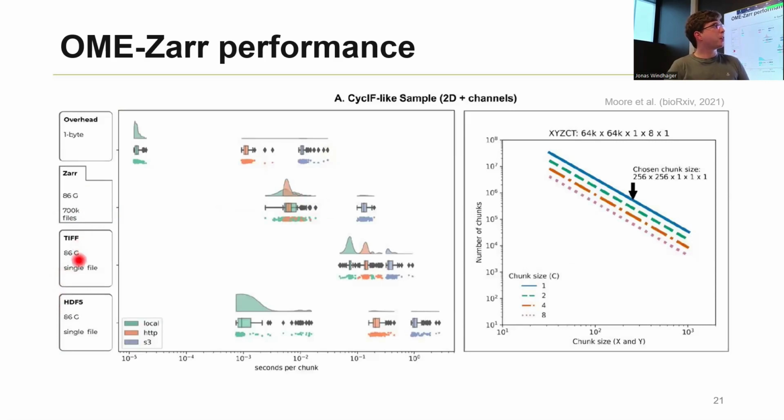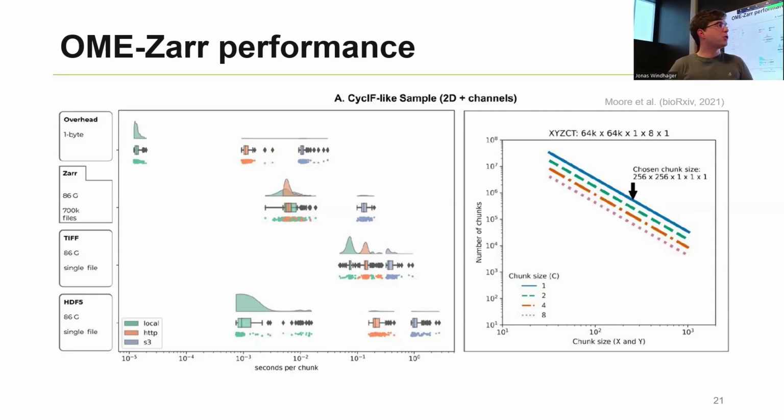If you start with TIFF and want chunked access of an arbitrary region, because of the loading of individual layers, you are at quite a high level of overall data access time. Whereas with Zarr you are lower, because you can fine-grain your chunking strategy and access the chunks in a performant way.